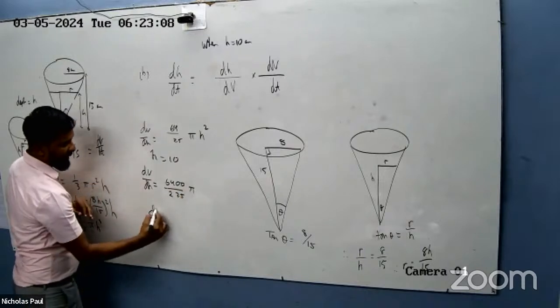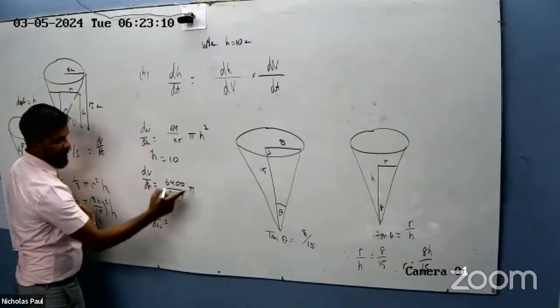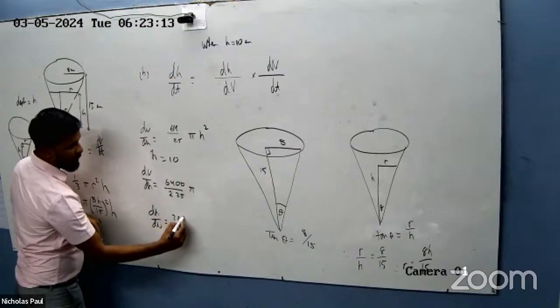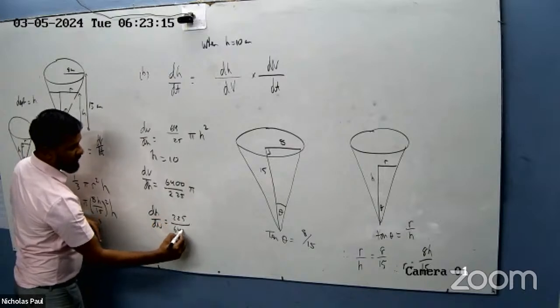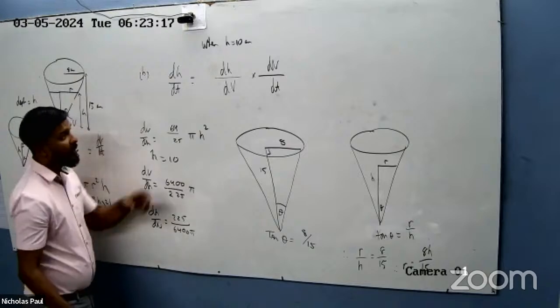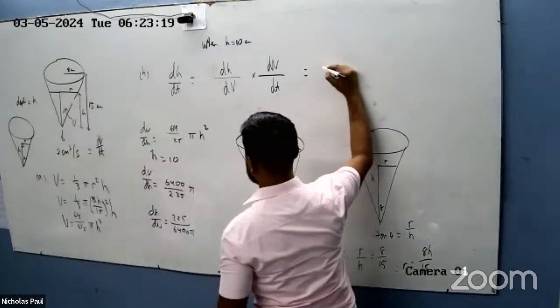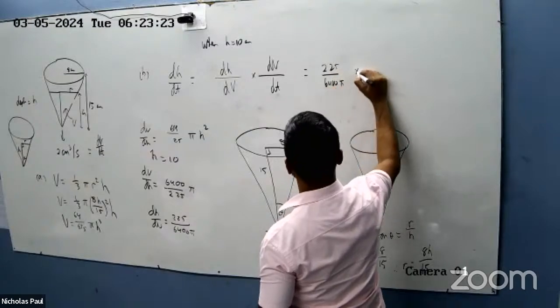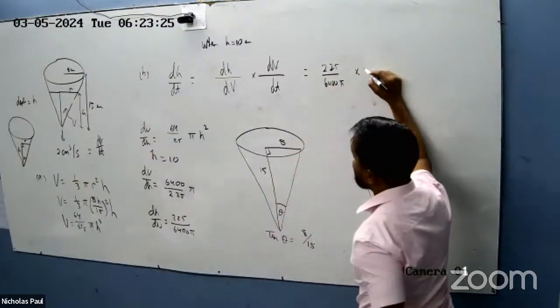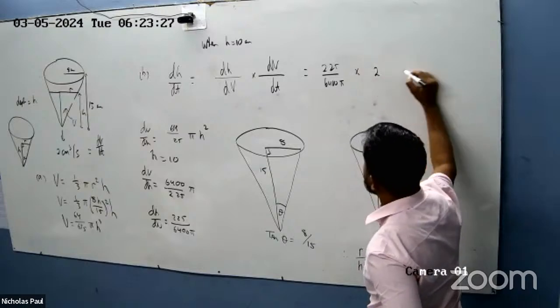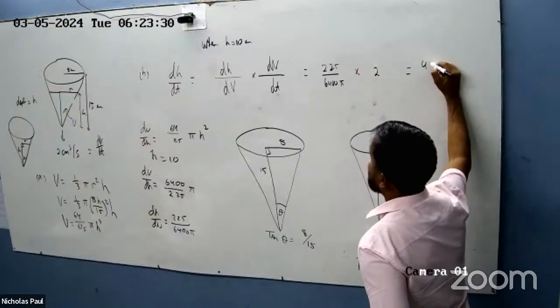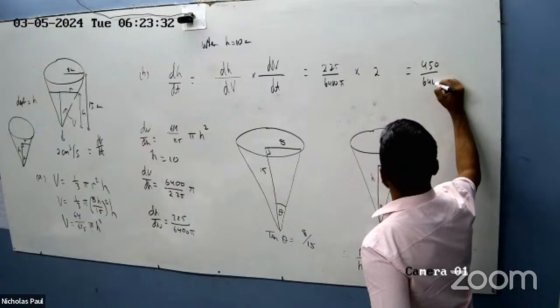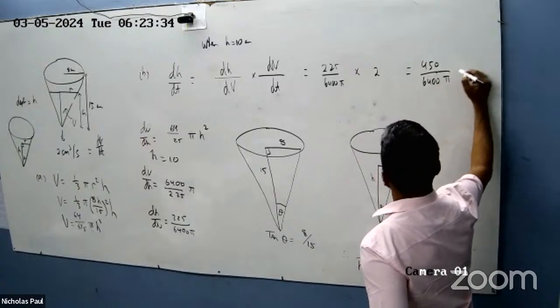It means dh/dV, flip it over, is 225 over 6400 pi. Then you multiply 225 over 6400 pi by dV/dt, which is 2. So what is that? 450 over 6400 pi.